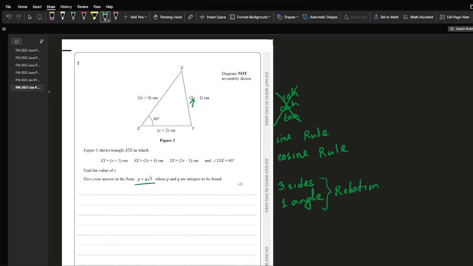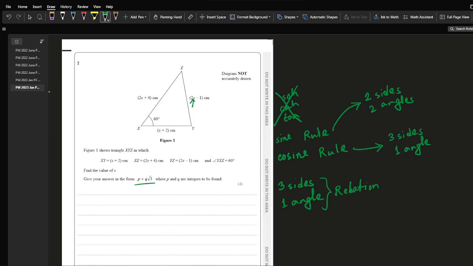Okay, now when do we use sine rule? We use sine rule when we need a relation between two sides and their opposite angles, or we can say two angles and their opposite sides. So we have three of these things and we need to find the fourth one. And we use cosine rule when we have three sides and one angle.